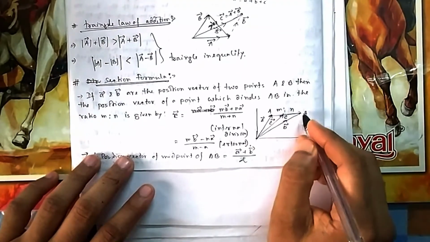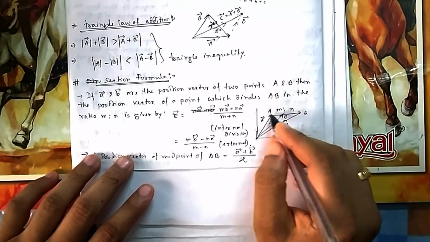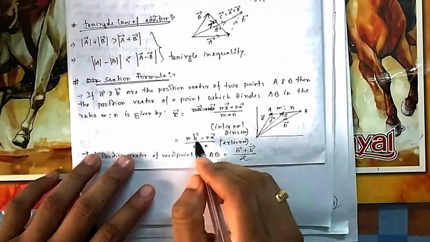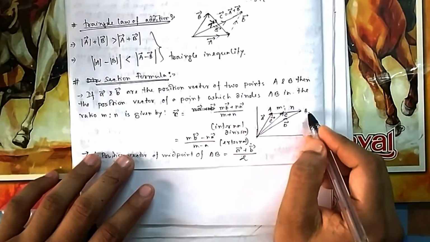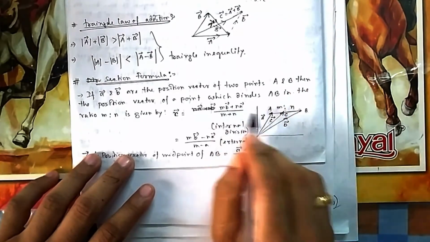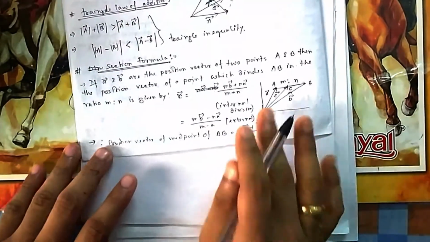What was the formula? M into the B coordinate plus n into the A coordinate; in complex numbers it was m into z2 plus n into z1, and here also the same. So m into this coordinate, which is now the position vector, is B vector. Instead of 2, 3 it is written as B vector. B vector represents this position. So it is m into B plus n into A divided by m plus n, if it is internal. If it is external, then minus.